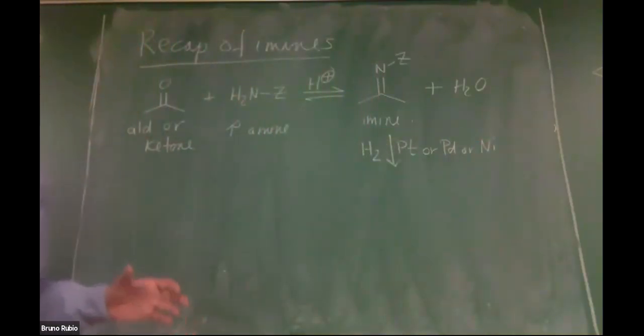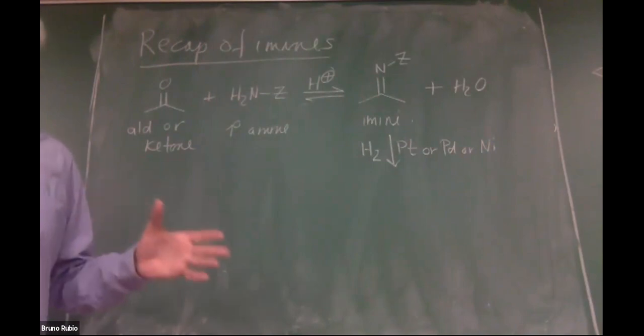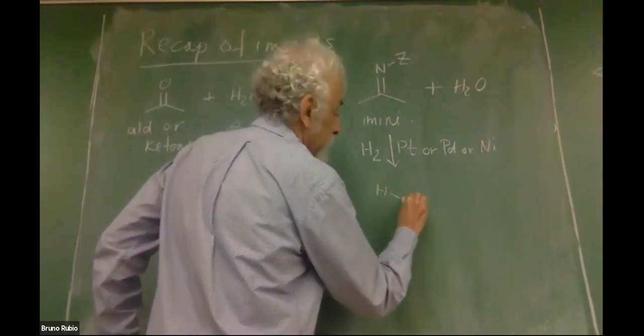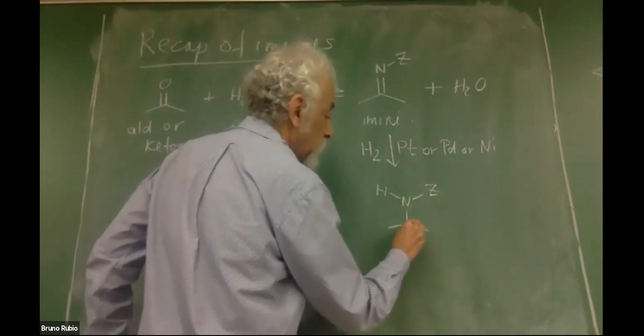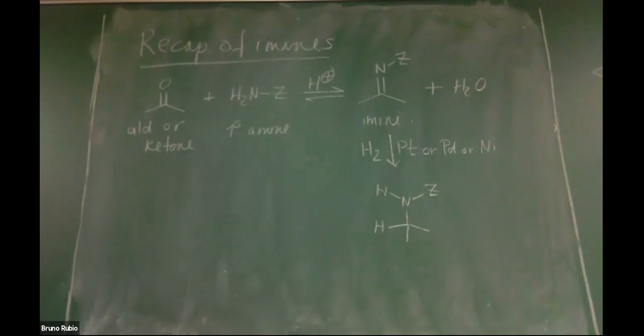And what happens is the elements of hydrogen add across where the carbon-nitrogen double bond is. So the double bond is degraded to a single bond, and the elements of hydrogen add across where that double bond used to be.